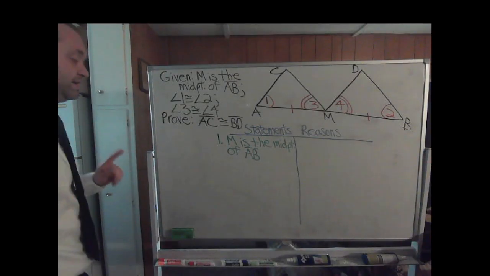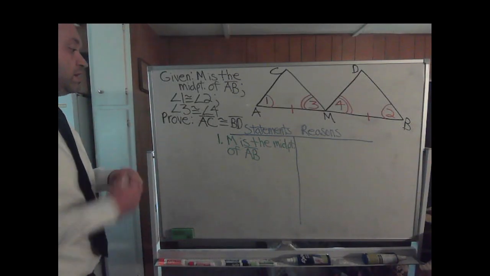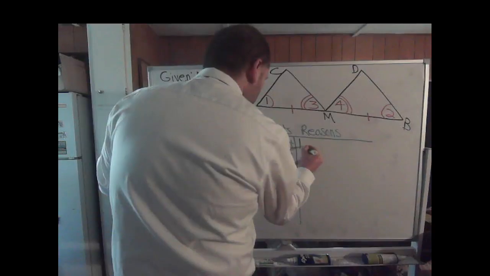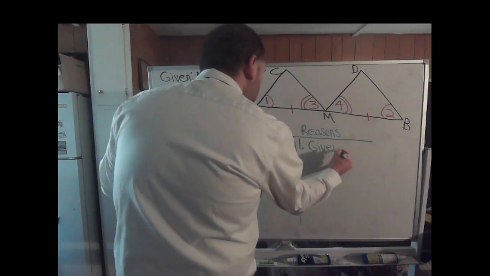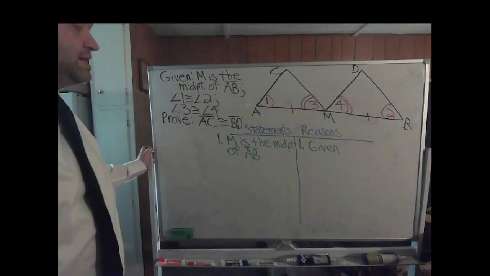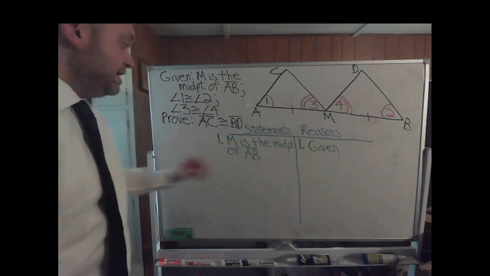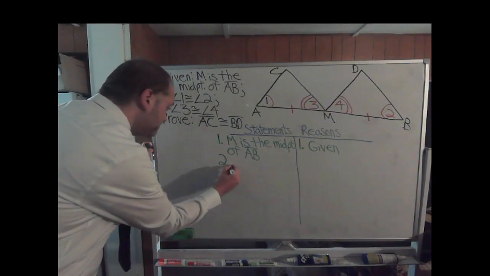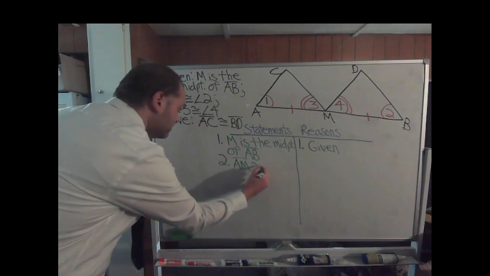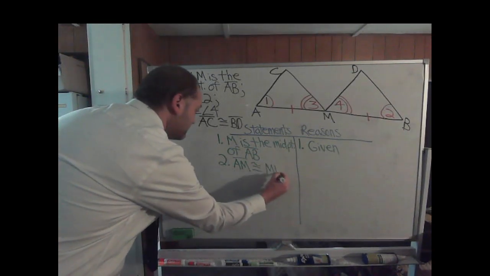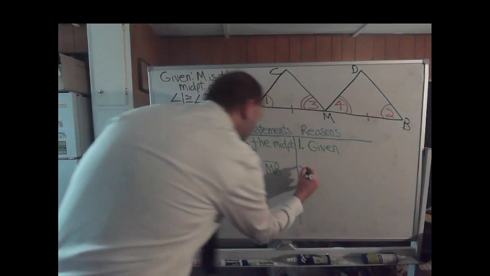You're going to see why in a second. Of course, for statement 1, that M is the midpoint of AB was given. But midpoint only means that AM is congruent to MB by the definition of midpoint. They would actually be congruent then.